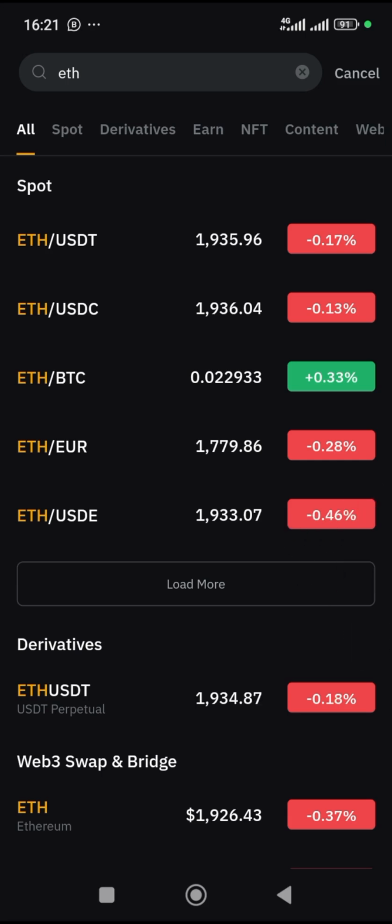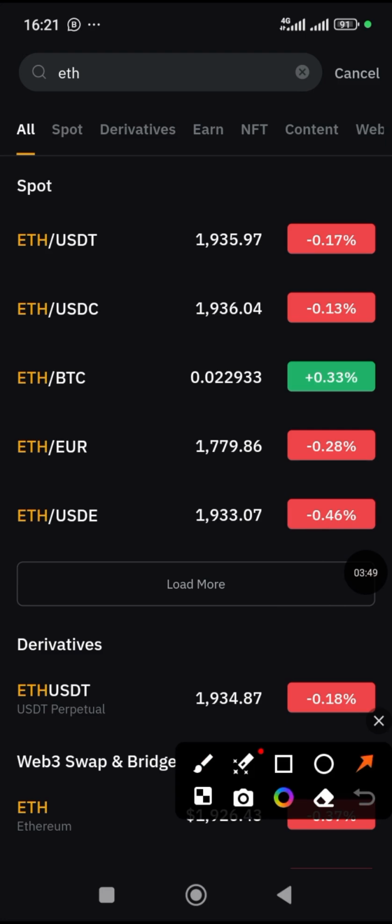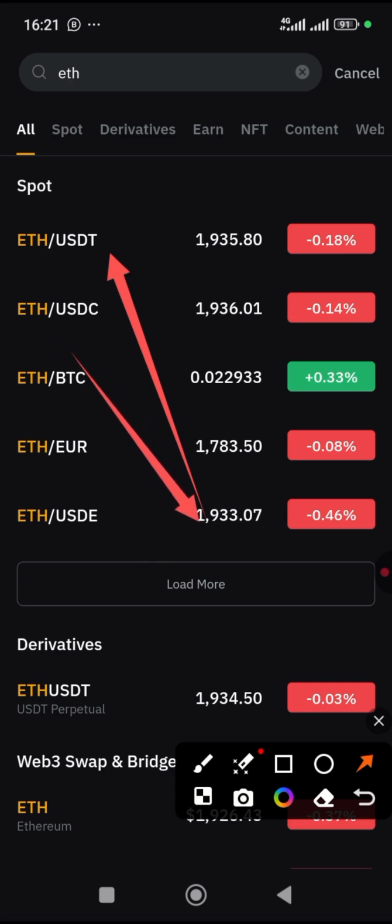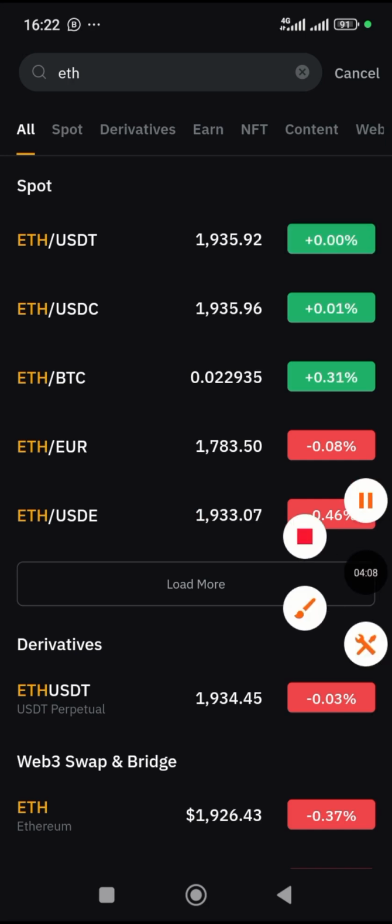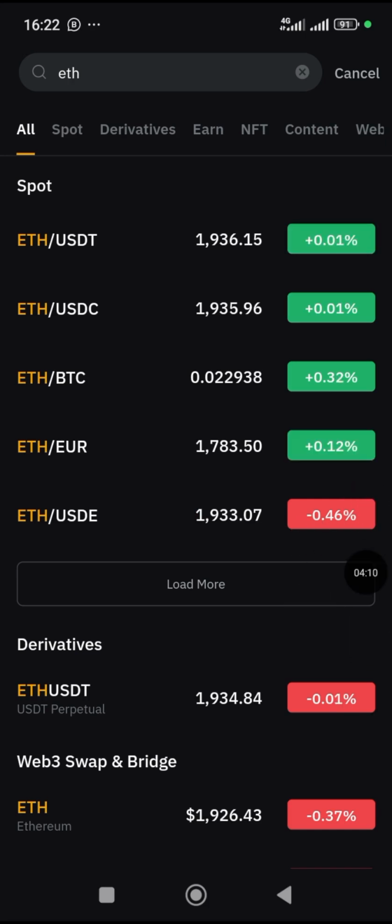What you just have to do is use your USDT to buy Ethereum at this place at 1,335 and sell at this place at 1,333. Let's go back to my calculator and check the profit that we'll be having. You can do it multiple times as long as the prices haven't stabilized.